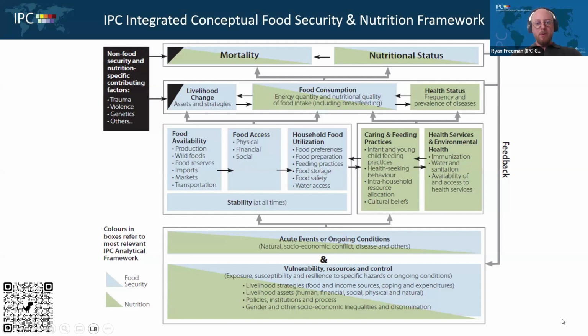When we look at this analytical framework, we see that on the very top, these are mortality, nutritional status. You see these blue and green shades. What's important to note here is on these slides, you'll notice blue and green are mixed throughout this analytical framework. And this is because not all aspects are related to nutrition, or not all aspects are directly related to food insecurity.